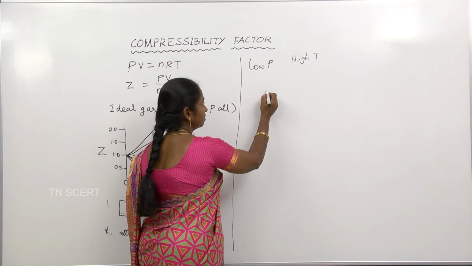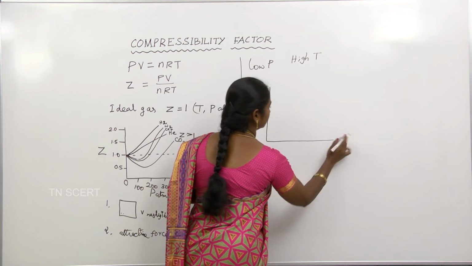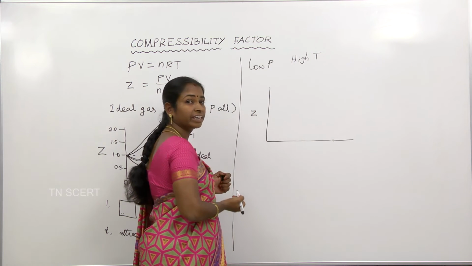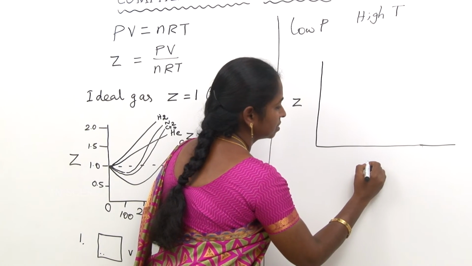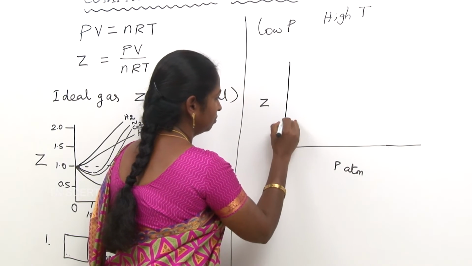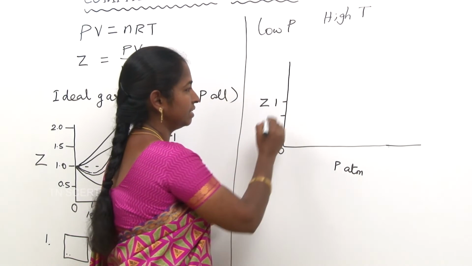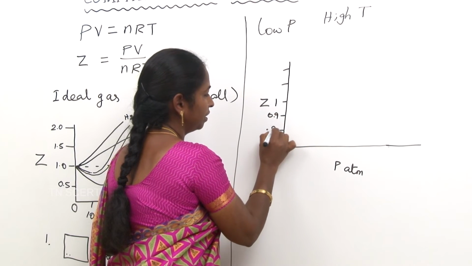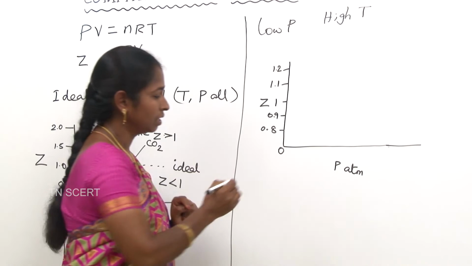Let us see this with an example of nitrogen. Here, as usual, we are taking Z, that is PV by nRT, and here it is pressure in atmosphere. You know already, for ideal gas, Z is equal to 1. These are the Z values: 0.9, 0.8, 1.1, 1.2.